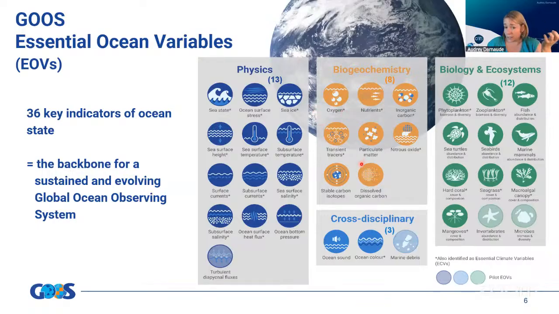So some, as Frank was explaining before, some of these EOVs are also essential climate variables, so ECVs, but in fact they all together constitute the backbone for a sustained and evolving global ocean observing system, because providing a standardized approach to collect and share data on these key ocean parameters using the GOOS EOVs framework allows to gather comparable knowledge from all around the world on complementary aspects of ocean states, but also resilience.